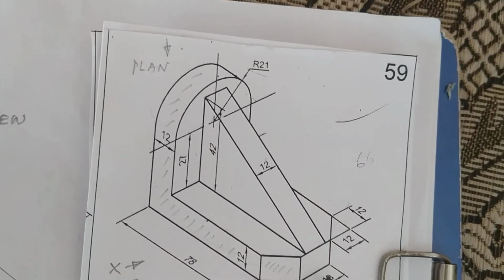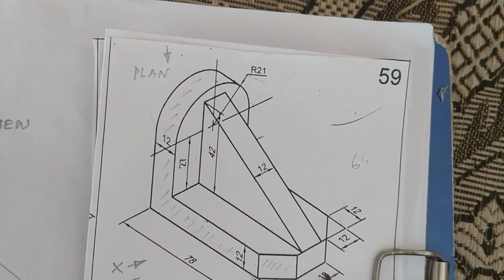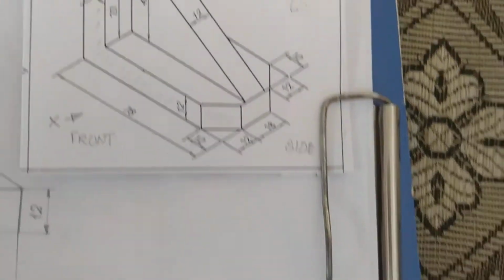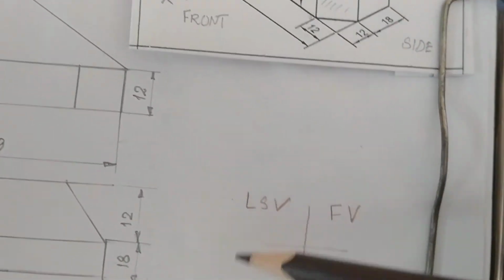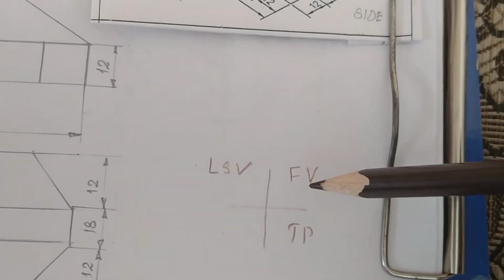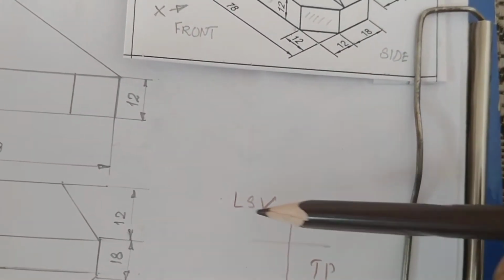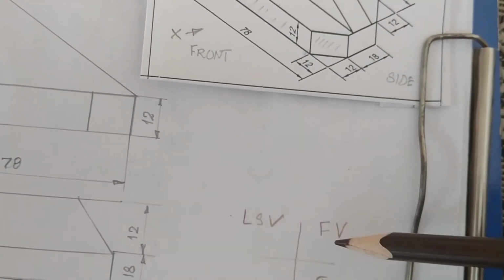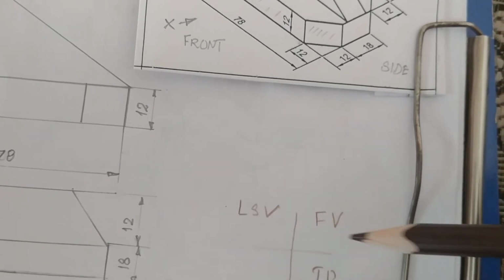When we are viewing from this side, the right side view comes to the left side. This is the principle of preparing three views: front view, below that the top view, and the left hand side view adjacent to the front view.